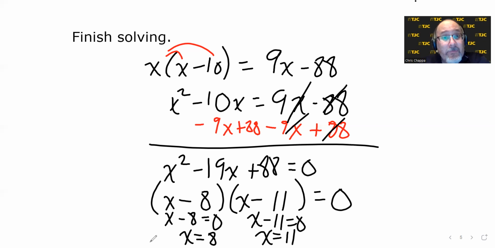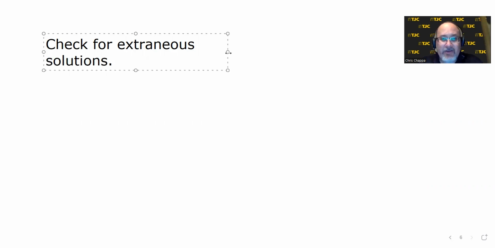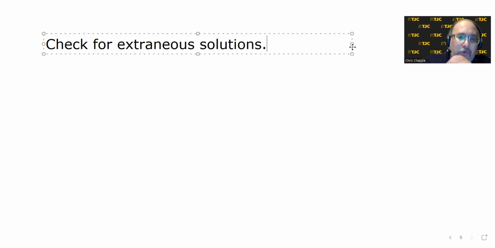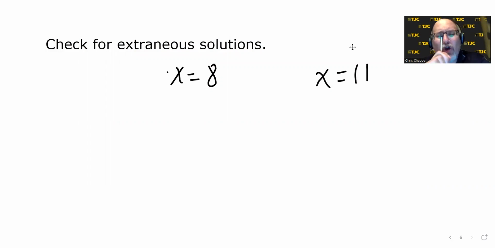Or do we? Remember, part of solving logarithmic equations is to check for extraneous solutions. So we have to do that. Check for extraneous solutions. Meaning, do any of the solutions that we came up with, which were 8 and 11, make any original argument negative?